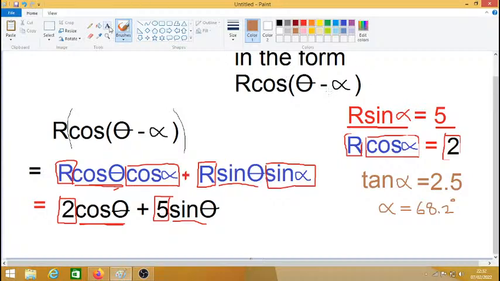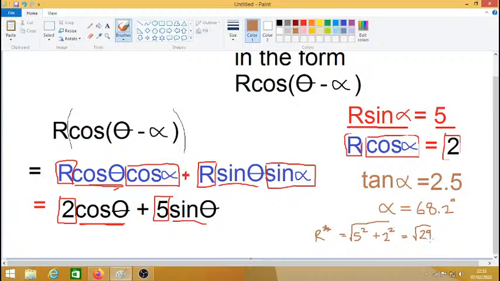So you can say a squared plus b squared equals c squared, or using the r, r squared would be equal to 5 squared plus 2 squared. So then r would be equal to the square root of that. So that's 25 plus 4, and that's root 29.